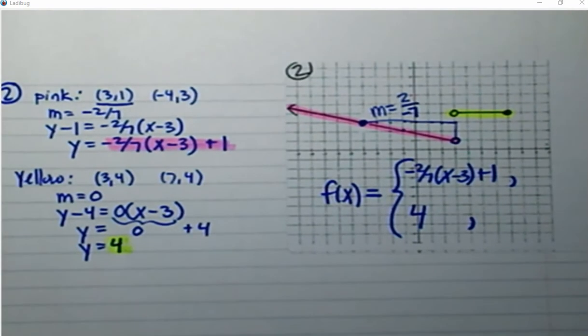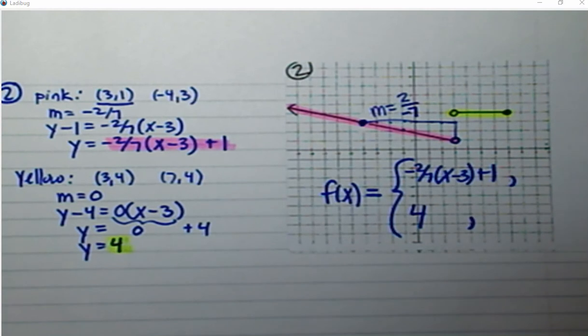Okay, yes. If there was a graph that just had one closed point, like we had earlier, and you had to write that out, there could be multiple answers. There's 2 acceptable answers to that particular question.